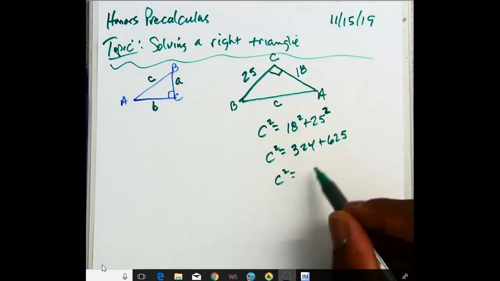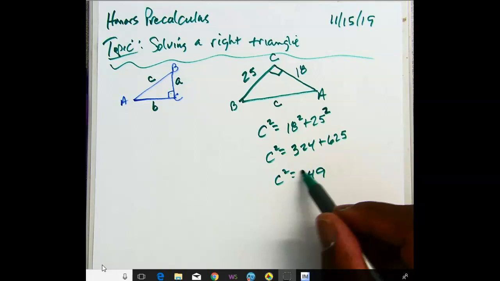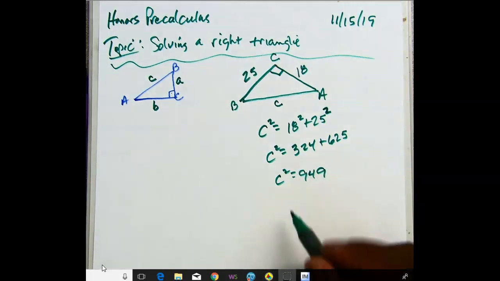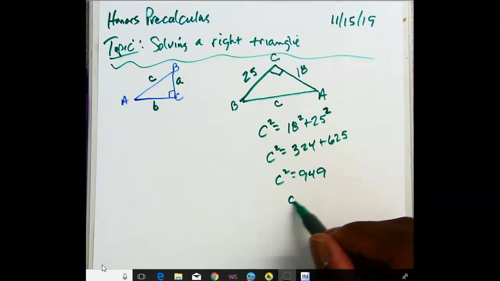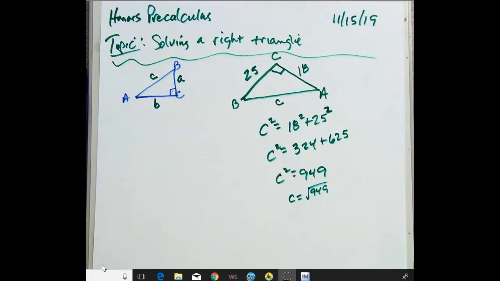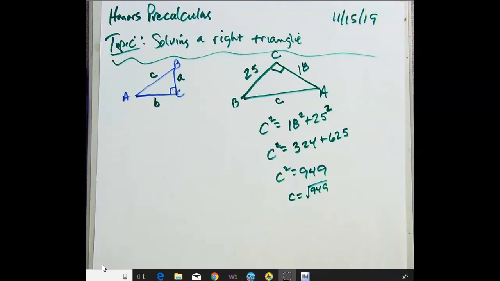So c squared is equal to, 5 and 4 is 9, so 949. So c is the square root of 949. So what is that as a decimal? 30.805, so we'll go with 30.8.